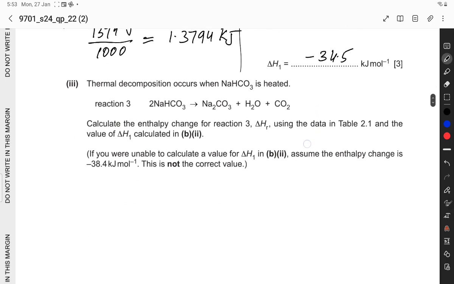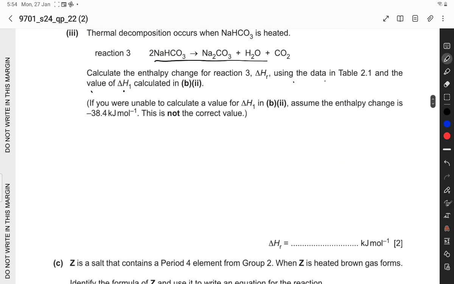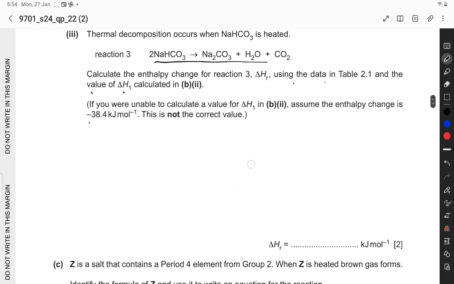Thermal decomposition occurs when sodium hydrogen carbonate is heated. This is reaction 3. Calculate the enthalpy change for reaction 3, delta HR, using the data in table 2.1 and the value of delta H1 calculated in B2. If you were unable to calculate the value of delta H1 in B2, assume the enthalpy change is minus 38.4.